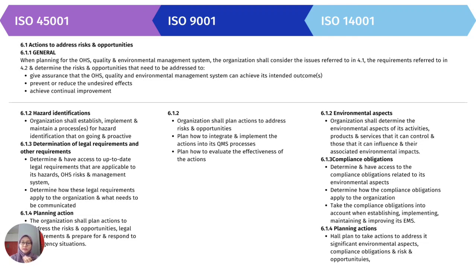As for the continual subclauses, they have similar context as well, especially at the planning action part and in determining the identification of hazards for ISO 45001, risks and opportunities in ISO 9001, and environmental aspects and impacts for ISO 14001. However, only ISO 14001 and ISO 45001 have the subclause that requires them to comply with the requirements, which is the legal requirements and other requirements.